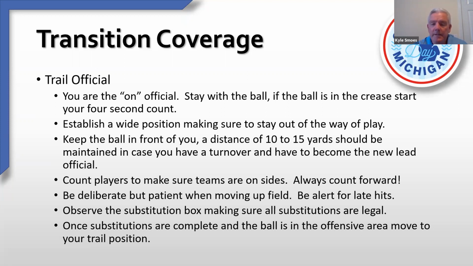You want to keep, as a general rule, about a 10-yard cushion behind that advancing player. And the reason for that is, remember, one errant pass and we're going back the other way, and you're now the lead and you have to get back to that goal. So you would rather keep yourself a little bit behind that play than to be too close to it.